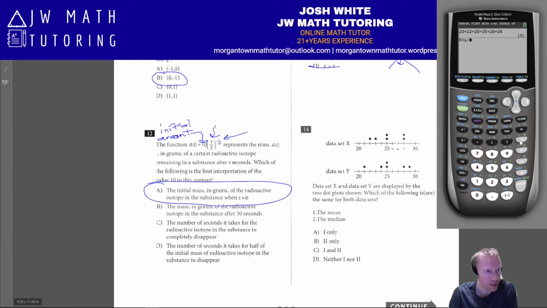Okay, divide that by 6. 25.16. So whatever, we'll just jot that down here, 25.16, and that's the mean. And for the second one, it looks like we've got a 21, a 24, 2 25s, and then a 28 and a 29.